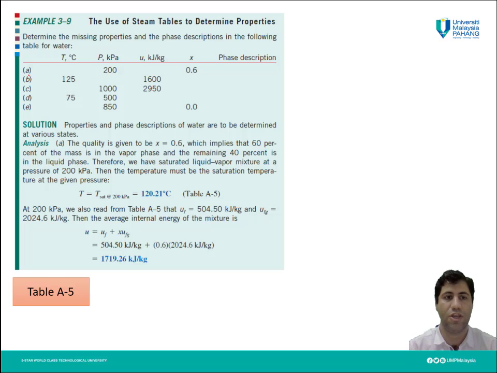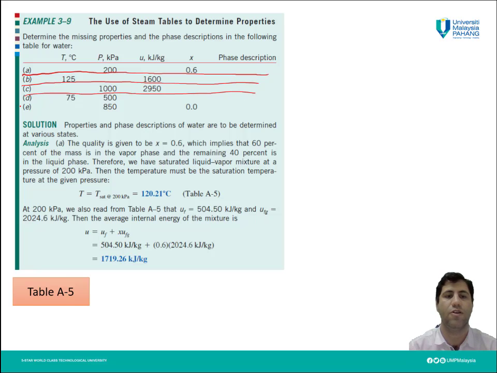And as you can see here, for different states we have some of this information, and we are going to see how we can find these properties according to the others.